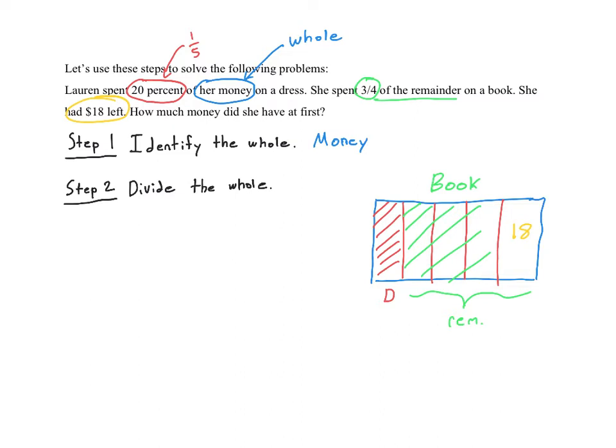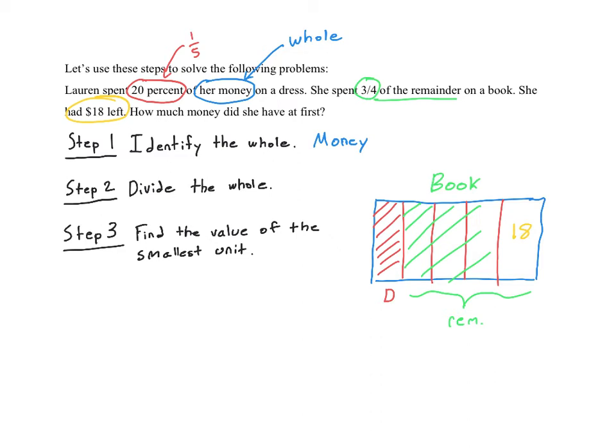Okay, now we're on to the final step, step 3, where we want to find the value of the smallest unit. And in this particular case, we chopped our rectangle up into 5 different sections, and the question directly told us that the smallest unit is 18 in size.